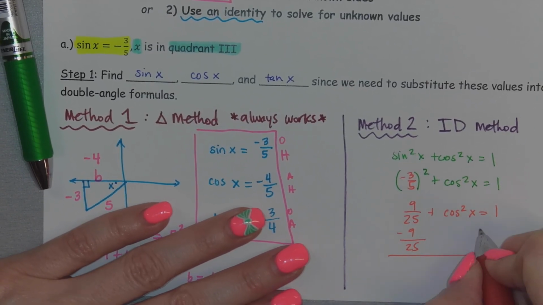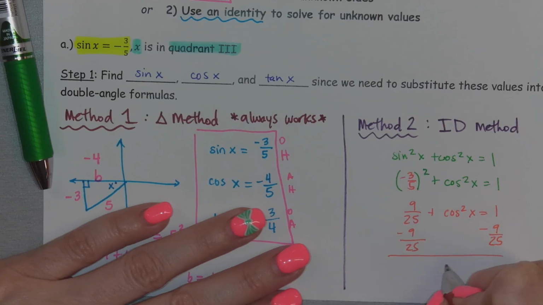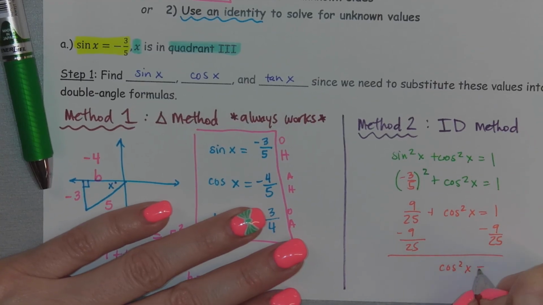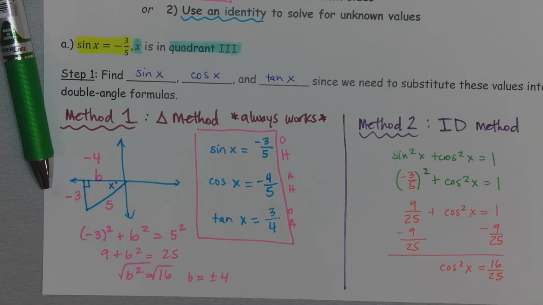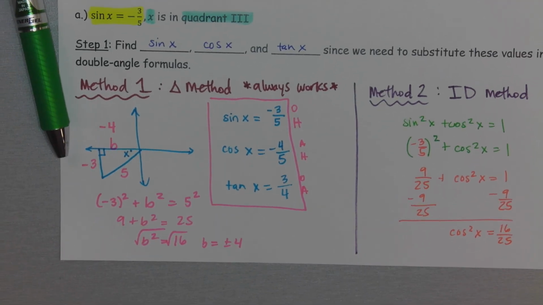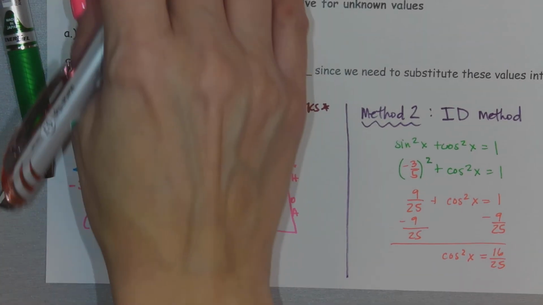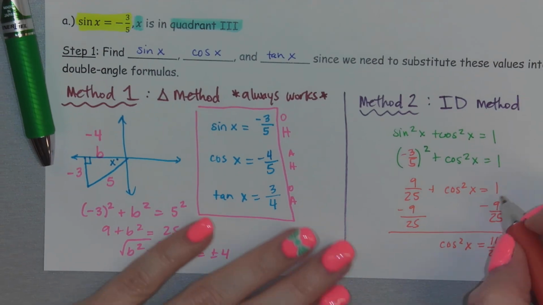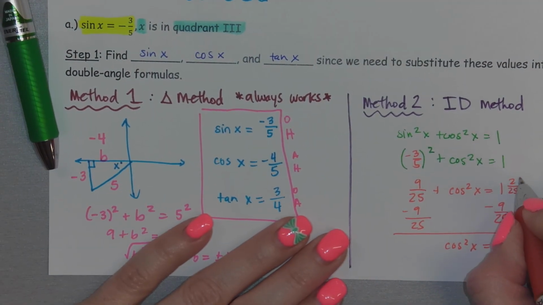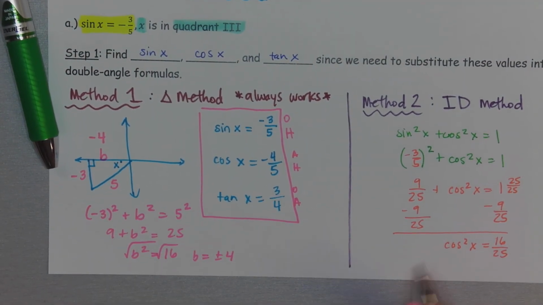When you square, you get 9/25, which is going to leave you with 16/25. So you get a common denominator, which would be 25 over 25. That's how we get the 16 over 25.